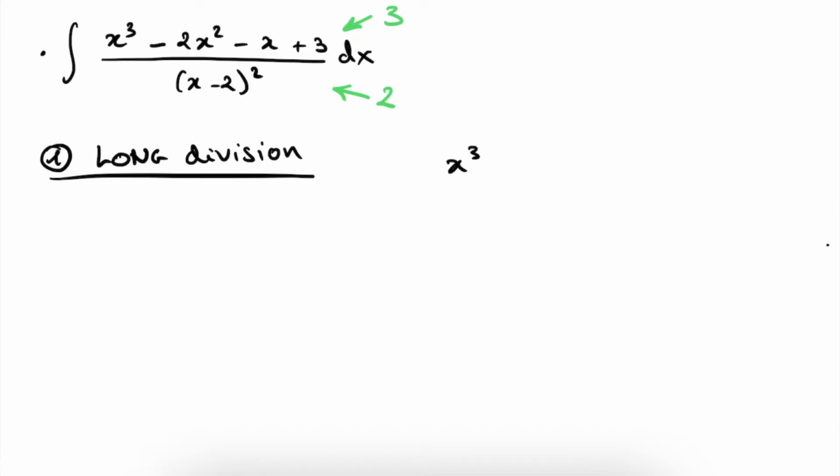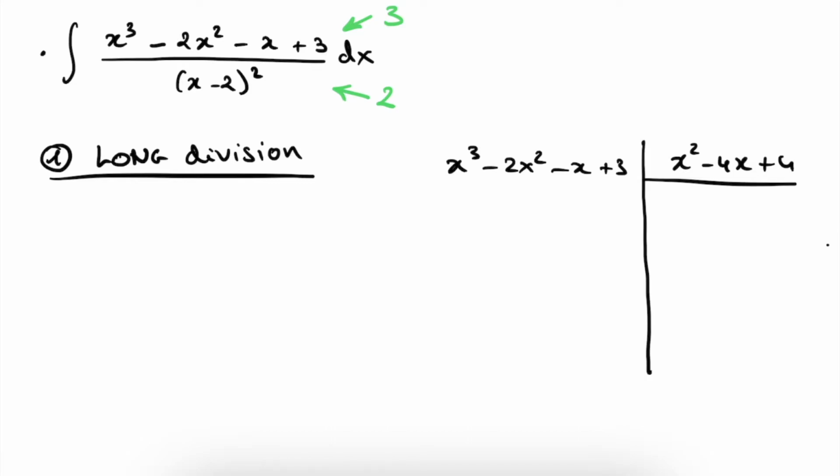We get x to the power of 3 minus 2x squared minus x plus 3 divided by x squared minus 4x plus 4, which is simply x minus 2 squared written out. So we divide x to the power of 3 by x to the power of 2, and we get, of course, x.